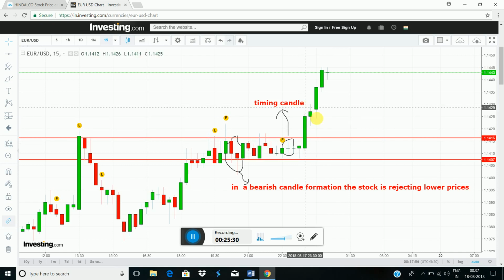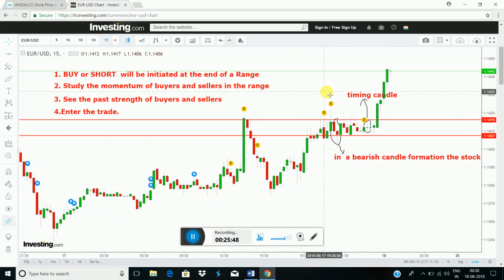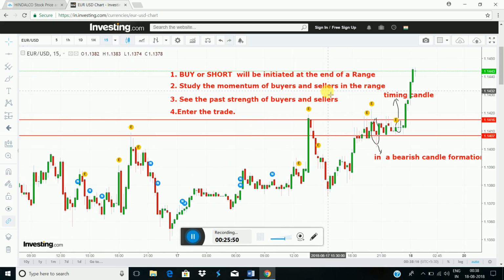If not, you wait for the completion of this candle and enter the trade right over here at the beginning of this second candle. In any case, you can see the amount of profit you would have made if you traded this, right? So that is how you time the market in price action trading.